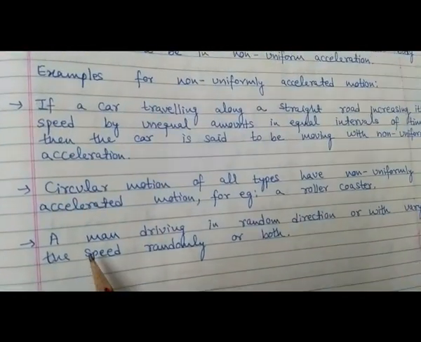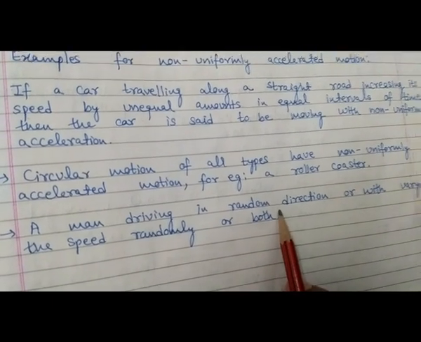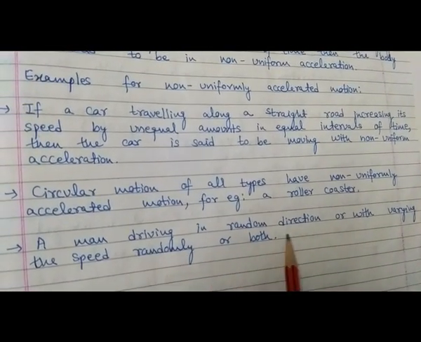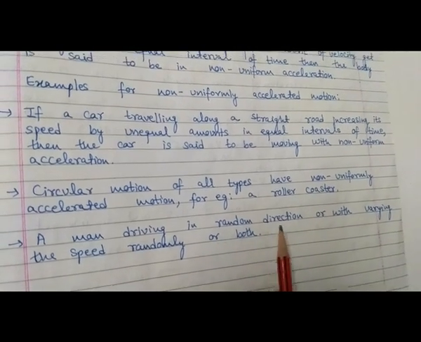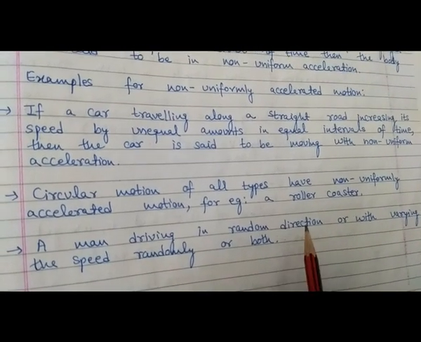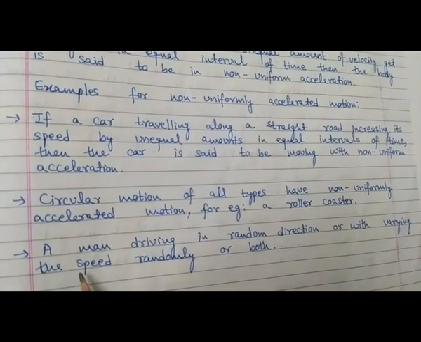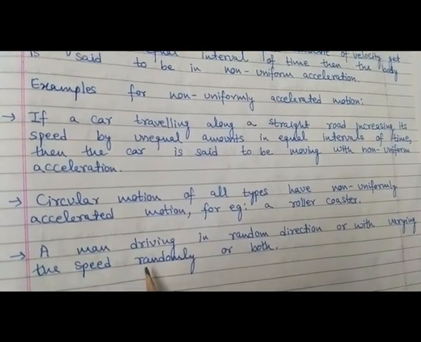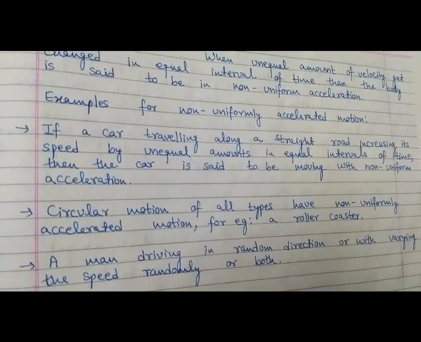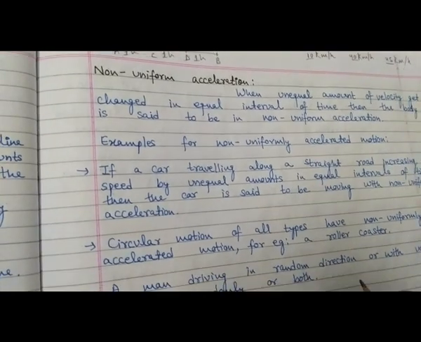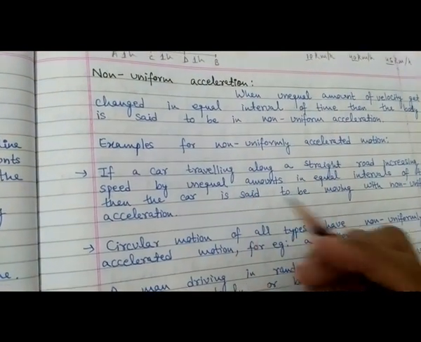Okay, now a man driving in a random direction or with a varying speed randomly or both. If the man changes his direction randomly and also varies the speed or velocity randomly or does both of them, then also I'll call that motion non-uniformly accelerated.